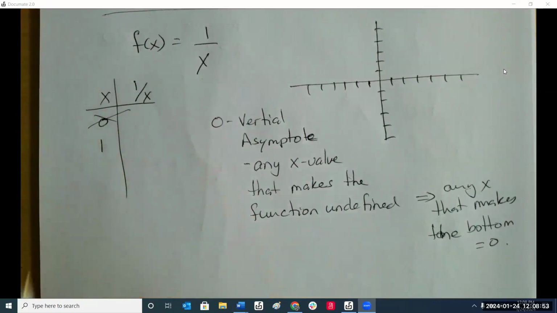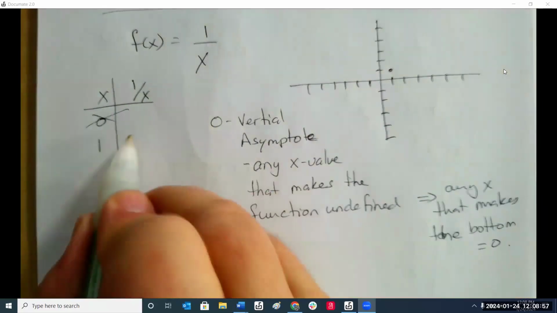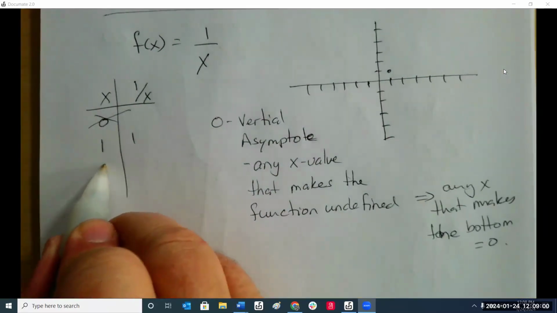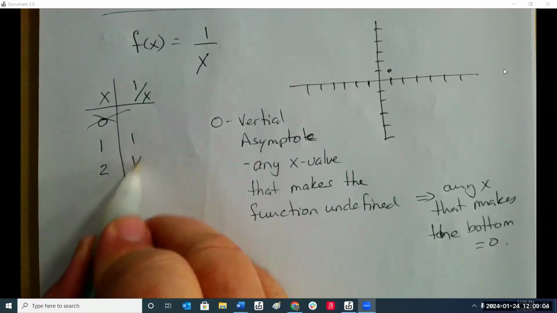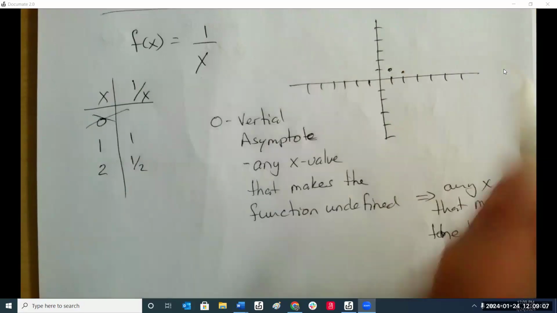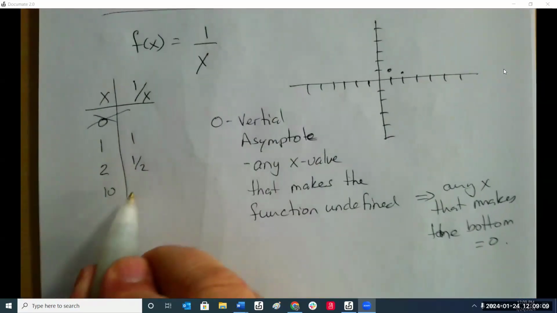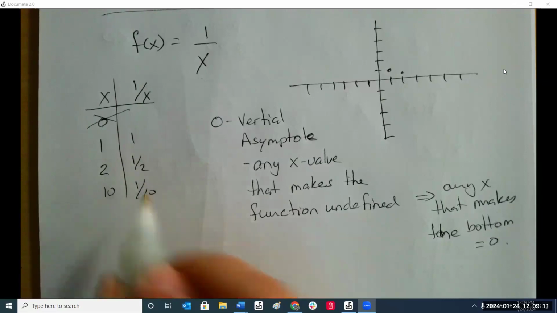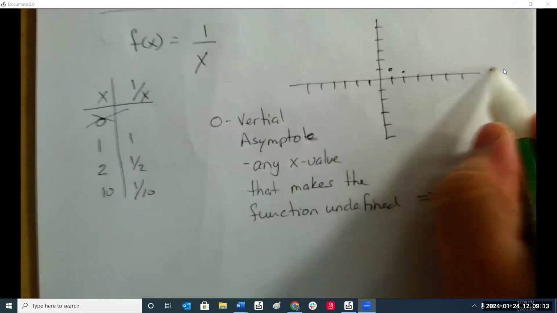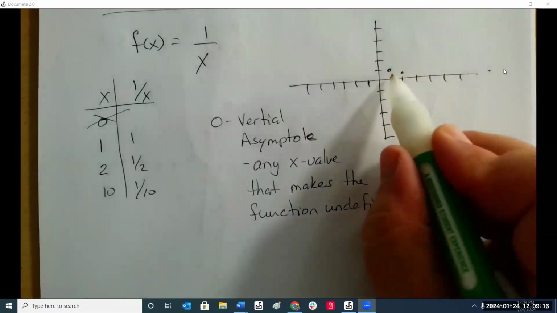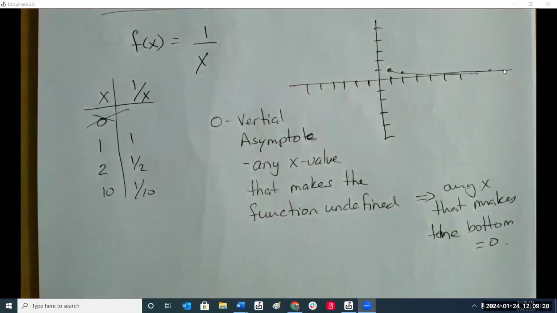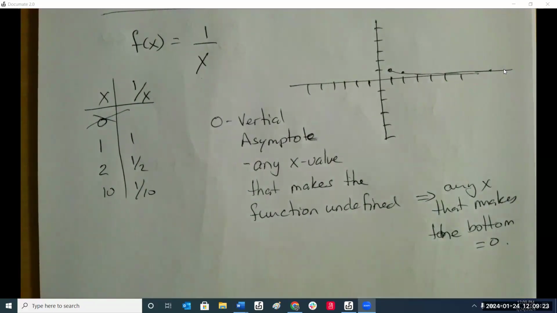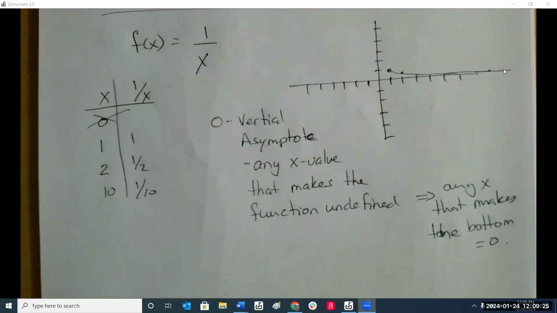How about 1? When x is 1, what do we got? 1. When x is 2, 1/2. When x is 10, we see that our graph from this point is going down forever, closer and closer. It can never reach 0, because 0 is our horizontal asymptote. We'll talk about that later.